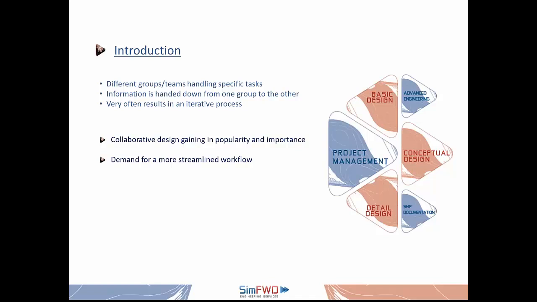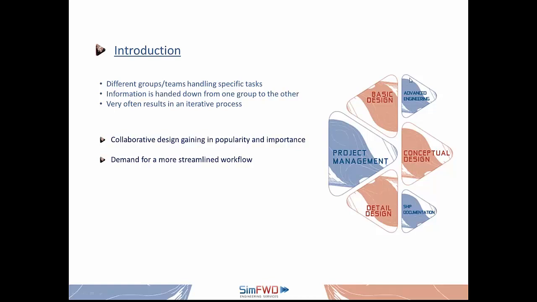The main domains within a ship design project start from conceptual design, and then we move to the basic design, which is then documented by the detailed design, which is actually one step before production. But throughout this process, we also have nowadays the advanced engineering that is taking place, which is related to what we talk about today.